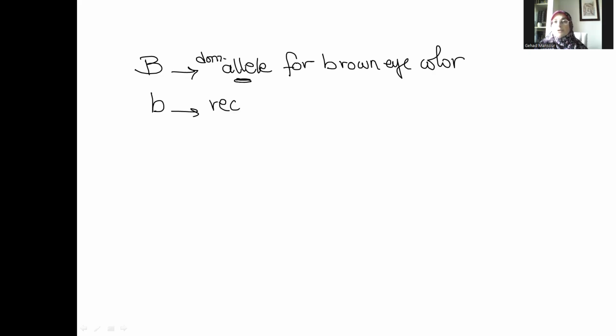And by allele here, we mean the abbreviation or the short name for allelomorphic, and allelomorphic means alternative. So we will see this on the diagram. So recessive allele for blue eye color.